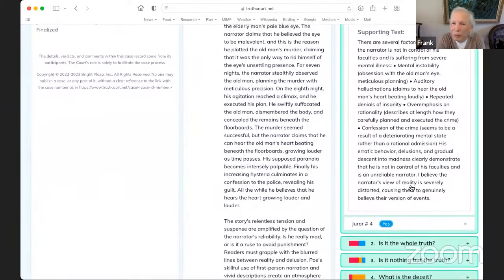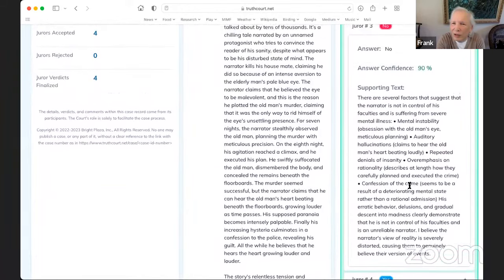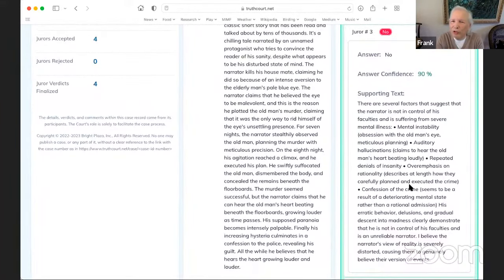All right, juror number 3. Let's see. There are several factors that suggest that the narrator is not in control of his faculties and is suffering from severe mental illness. Okay, good. Mental instability, obsession with the old man's eye, meticulous planning. Auditory hallucinations, claiming to hear the old man's heart. Repeated denials of insanity.